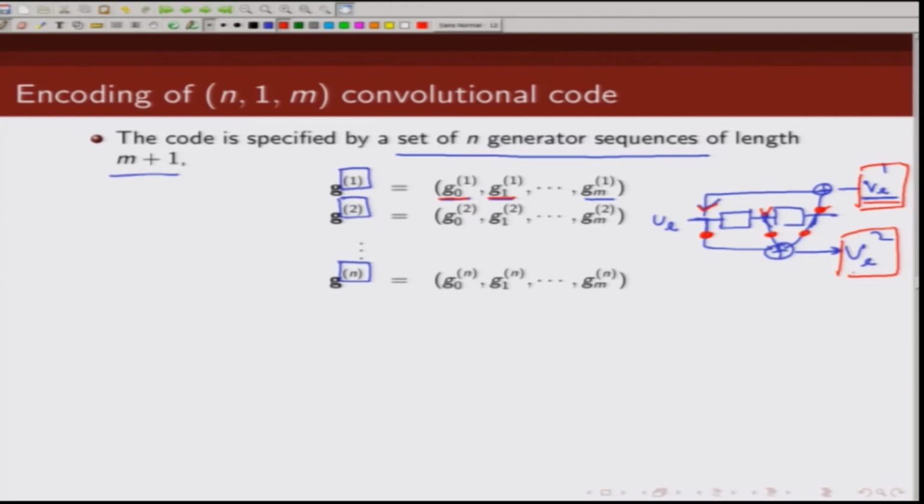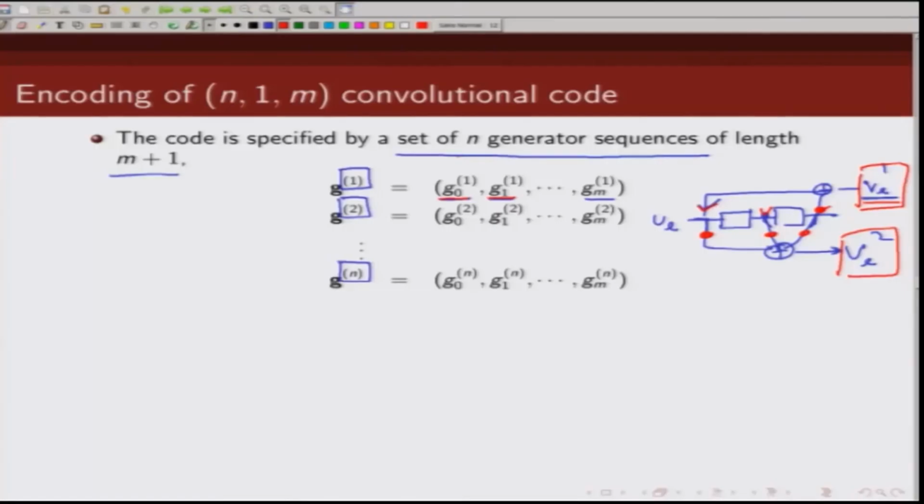So, if you have a rate 1/n code whose memory is m, then we can completely specify that code using a set of n generator sequences, where each corresponds to one of the output sequences, and each generator sequence is of length m plus 1, specifying the interconnections of u_l, u_(l-1), u_(l-2) up to u_(l-m).